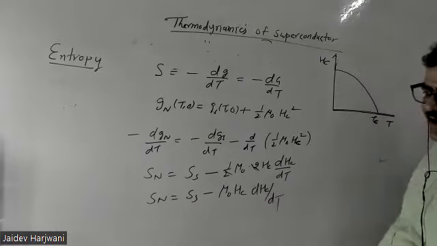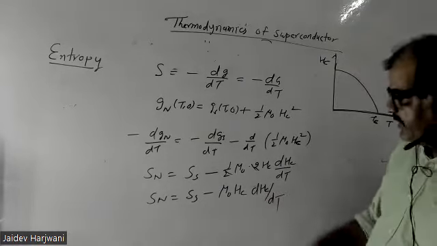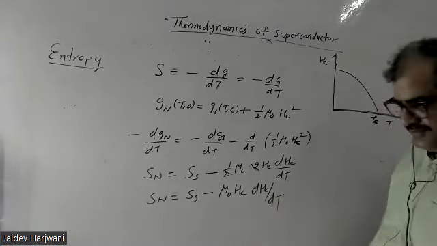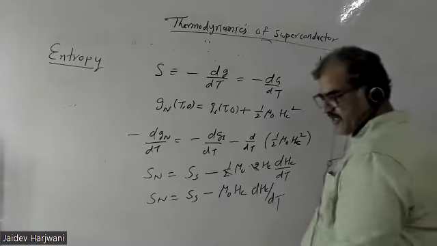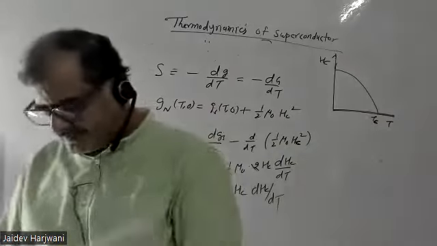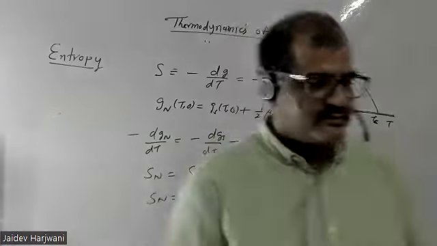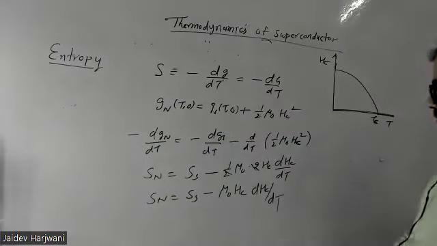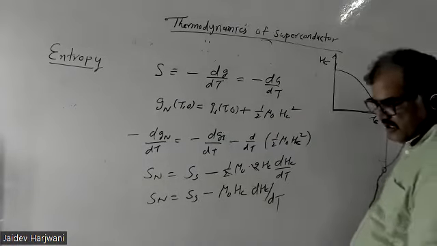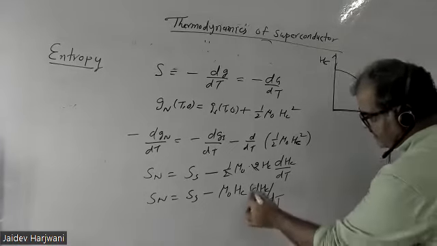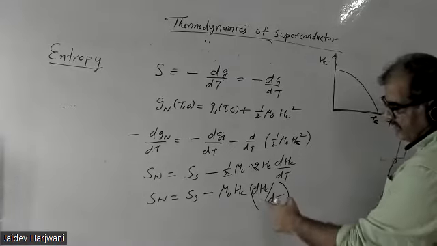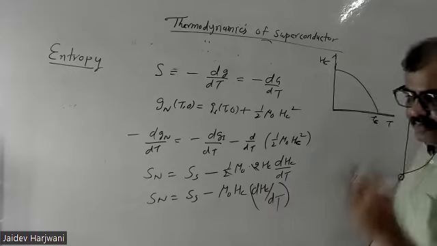Now what inference can you draw from this equation? Just look at this equation and tell me which state has more entropy, the normal state or the superconducting state. Normal. Okay, if I measure this dHc upon dt, is it positive or negative?